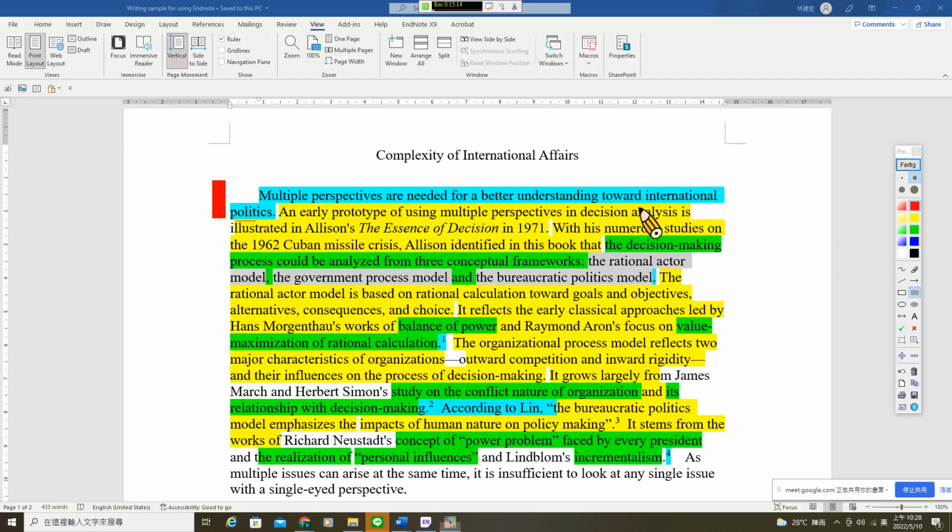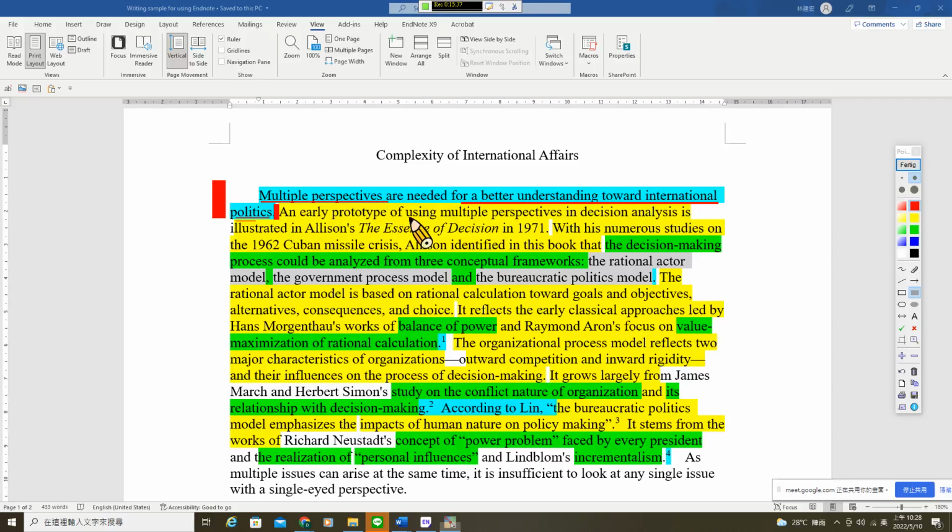Okay, and for this topic sentence I further elaborate why it is a very important issue for us to increase our understanding about international politics, and also what multiple perspectives are. So now I'll give you a further elaboration on this.